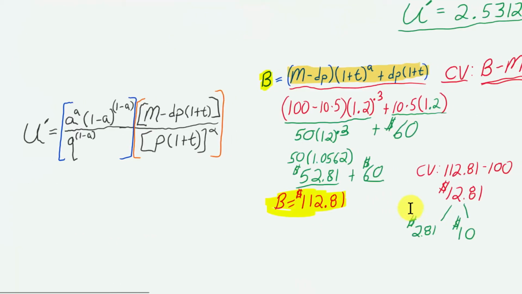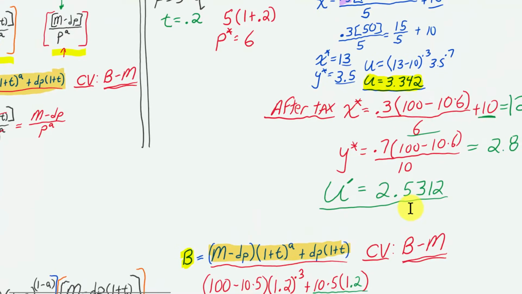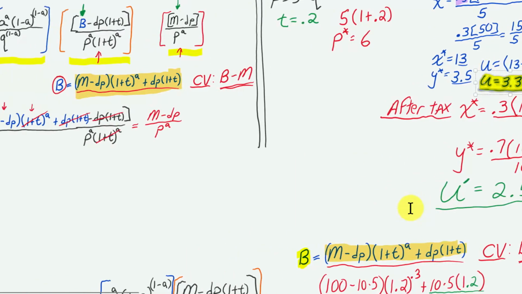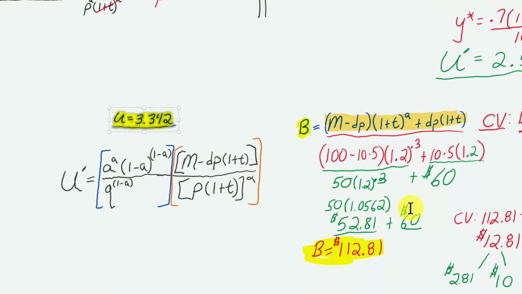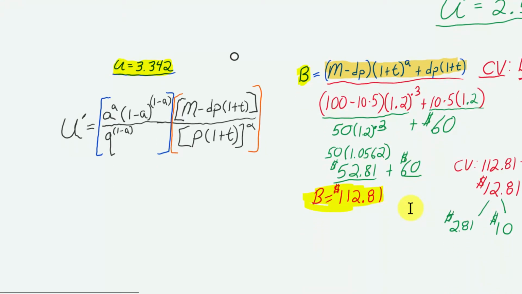And that target amount of utility that we want is this 3.342 that we got before the tax. We want to make sure that we get the same amount of utility after the tax with this new higher income. So let's plug everything in here.